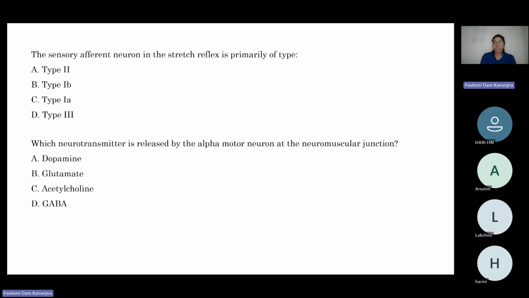So which is a sensory afferent neuron and which is a neurotransmitter involved there? Acetylcholine and third. Okay.